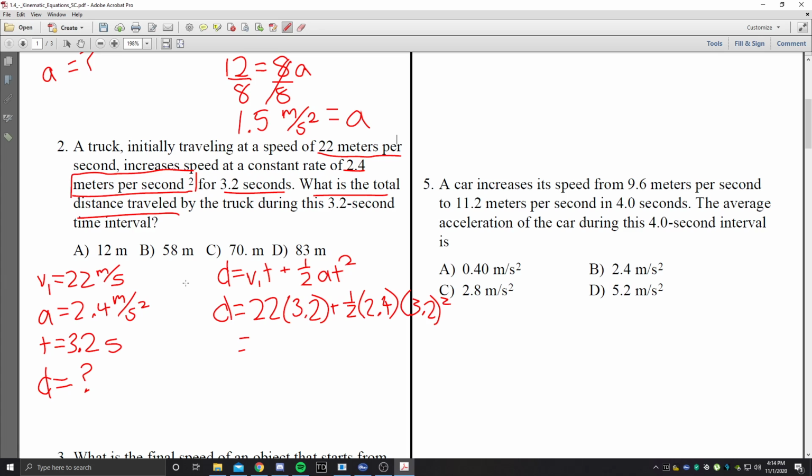I'll solve it for you guys. 22 times 3.2 is 70.4, is equal to plus 1/2 times 2.4, which gives you 1.2. And 3.2 squared is 10.24.